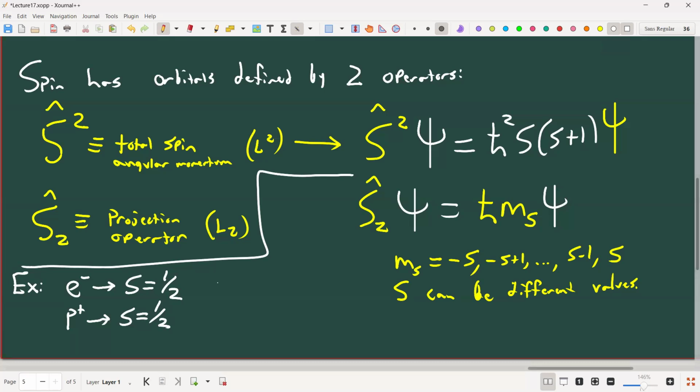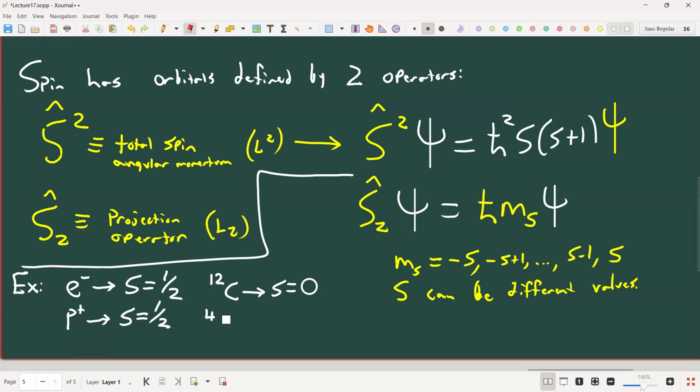Here's another example. Atoms have a total spin. For instance, the spin of the carbon-12 atom, which is the most common form of carbon, is 0. It has no spin.